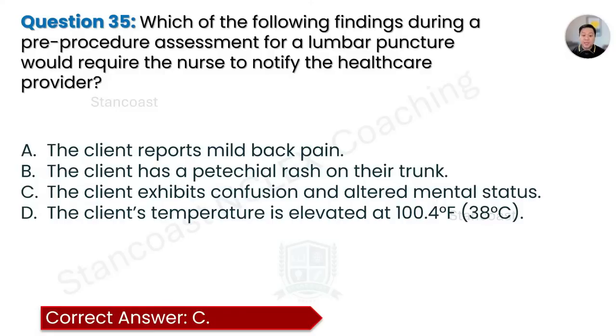And for letter B, another incorrect option, petechial rash could suggest bacterial meningitis and typically requires a lumbar puncture to confirm the diagnosis. And for letter D, a mild fever of 100.4 Fahrenheit is not a contraindication, but should be noted as it may indicate infection.